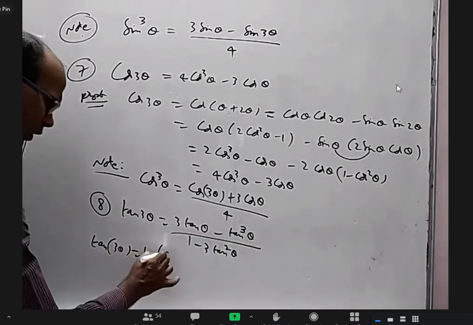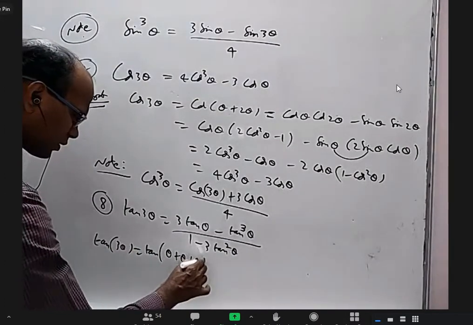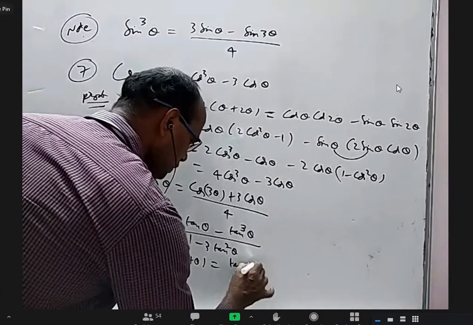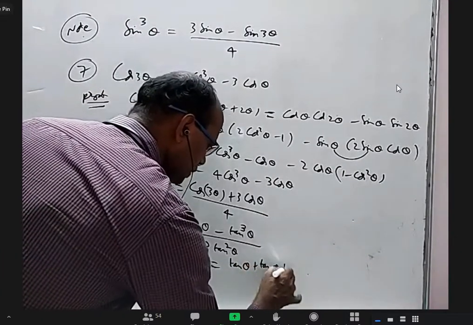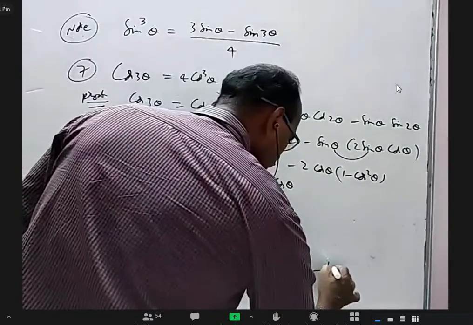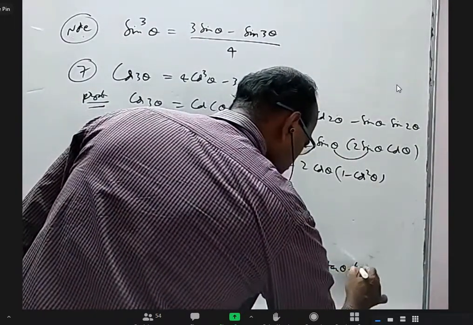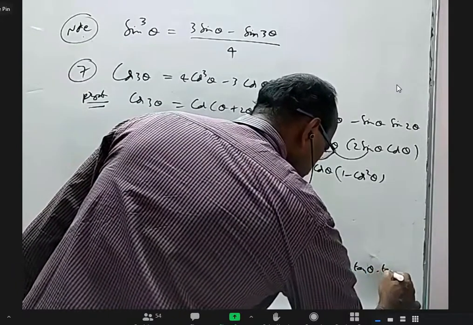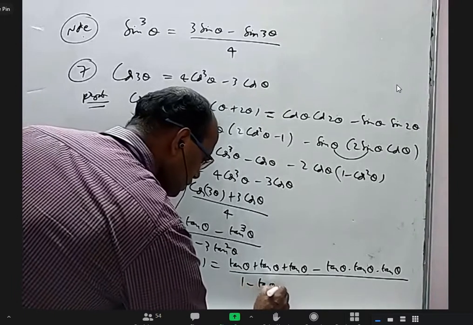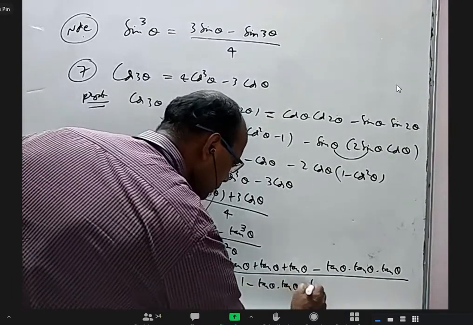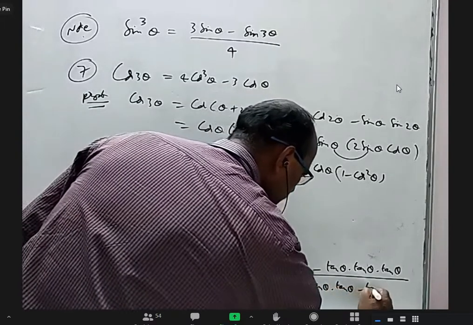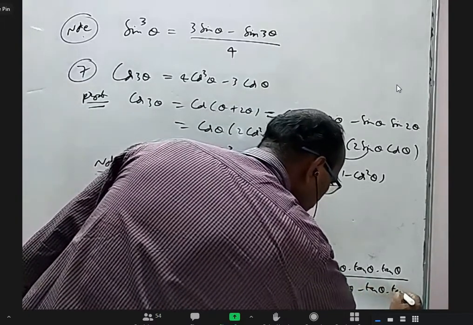Tan 3 theta I can write as tan of theta plus theta plus theta. Tan a plus b plus c formula we have. We'll get tan theta plus tan theta plus tan theta minus tan theta into tan theta into tan theta, by 1 minus tan theta into tan theta minus tan theta into tan theta minus tan theta into tan theta.